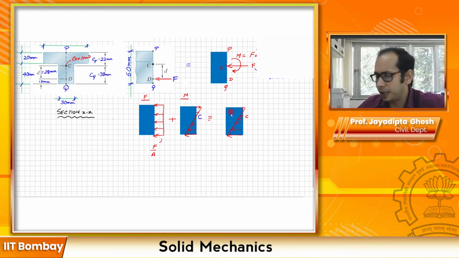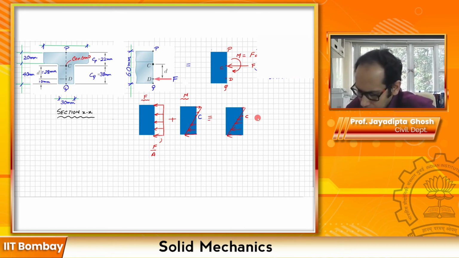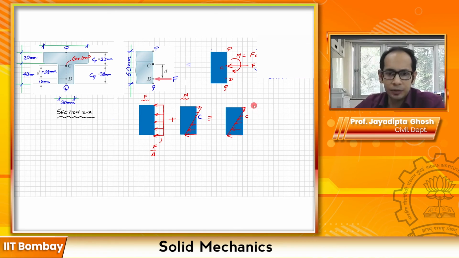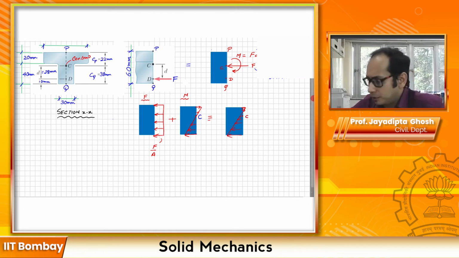So we are trying to find this one, right? We are going to add these two and try to find it. Why are we adding? Because we individually know how this is, so we are going to add it and find what is the resultant. The top one will be tensile, right? What is the tensile force you have at the top and what is the compressive force you have at the bottom?